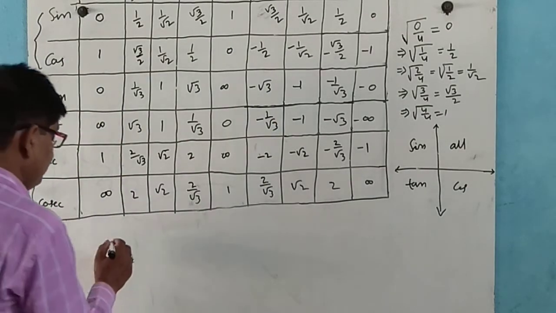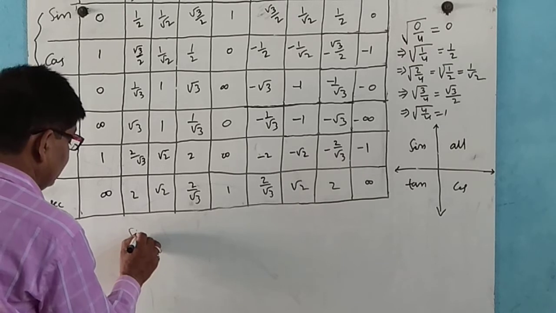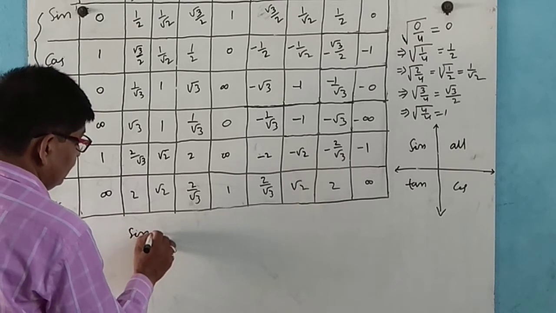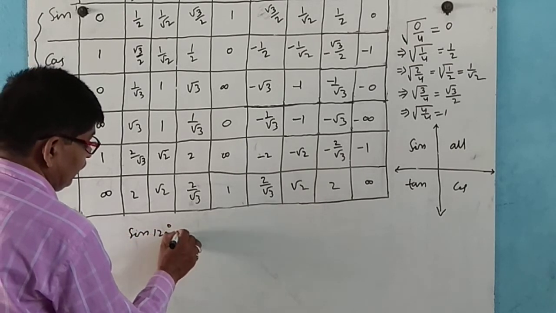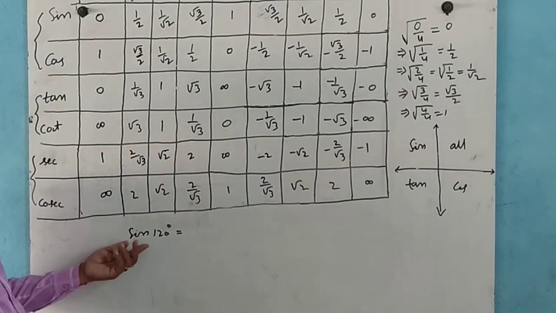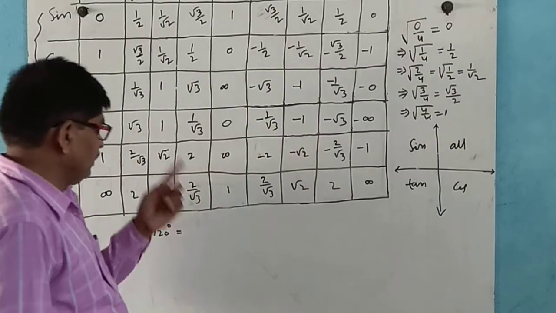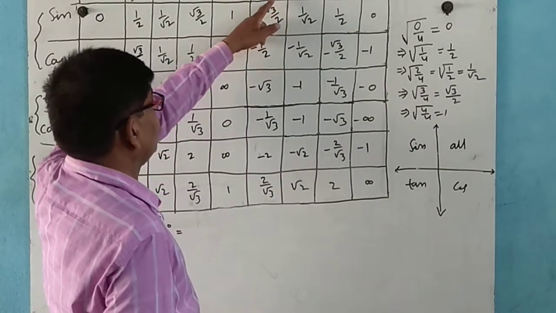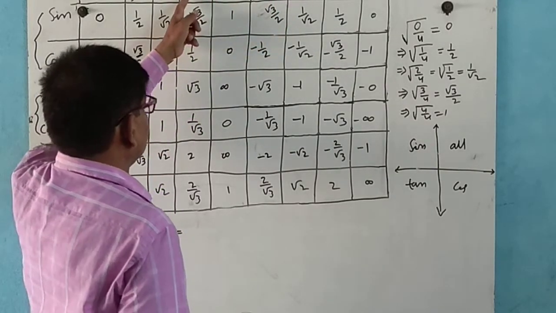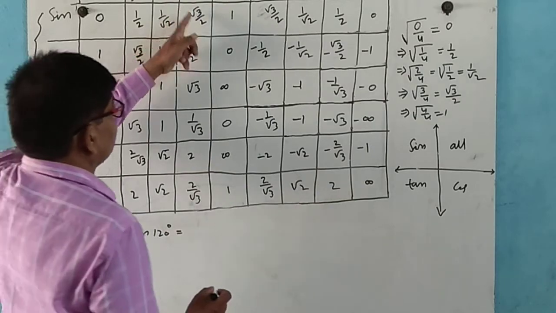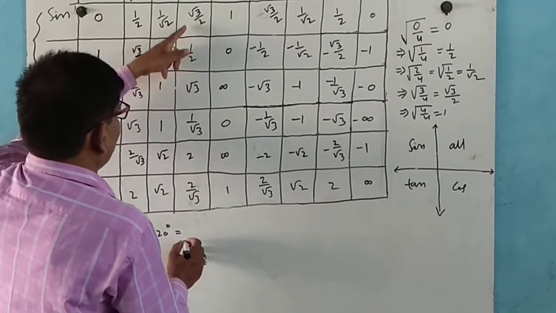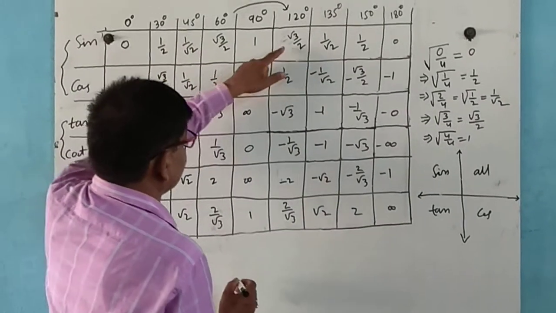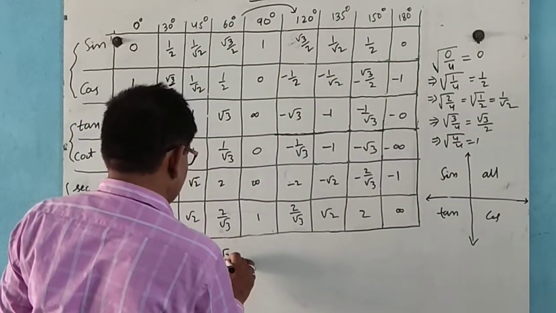Now, if we calculate sin of 120 degrees, what is its value? With the help of these tables, we can calculate it. Here sin 120 degrees is equal to sin 60 degrees, which is root 3 by 2.